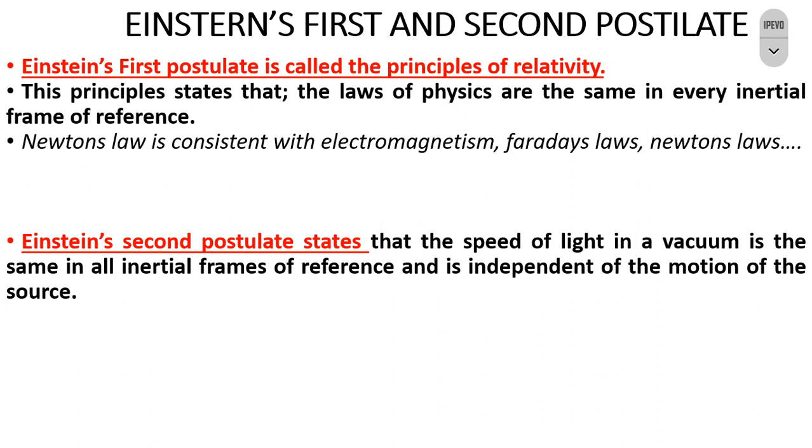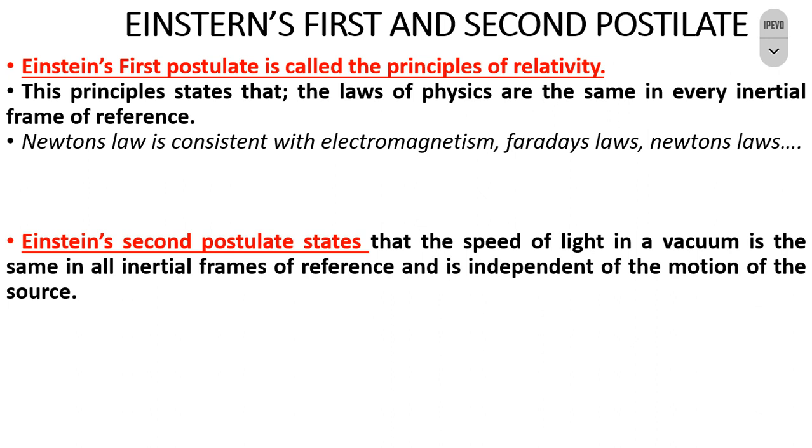Take for example, a bus is moving at a speed of 100 meters per second, and somebody on that bus shoots a bullet. Then one could say that the speed of that bullet would be the speed of the bus plus the speed of the bullet.